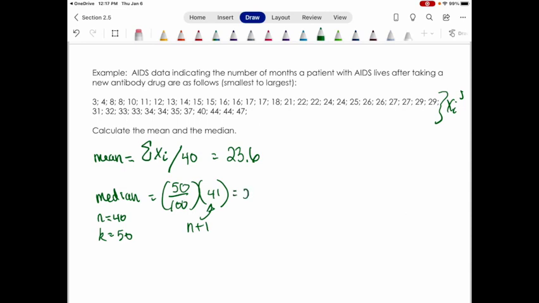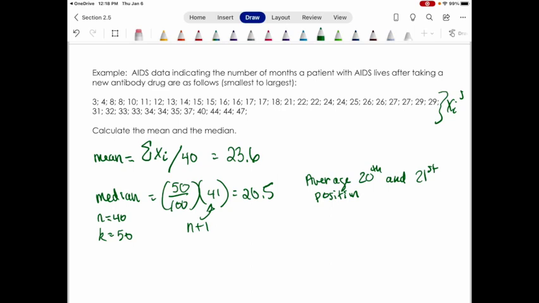So when I find this value, I'm going to get 20.5, which means I need to take the average of the 20th and the 21st position.